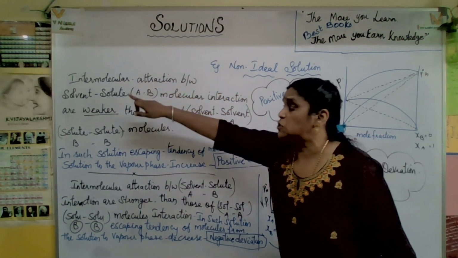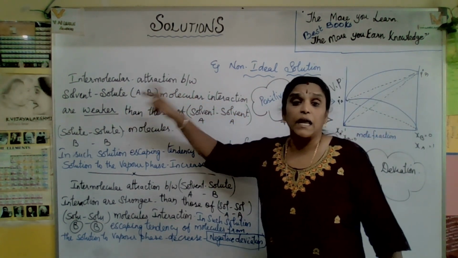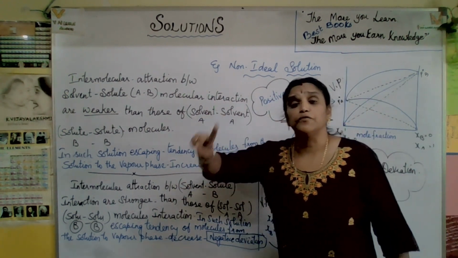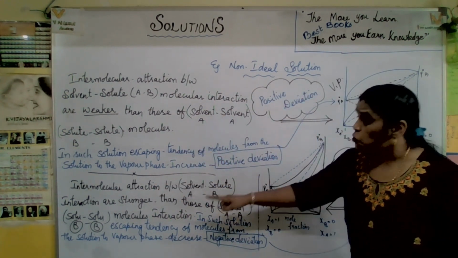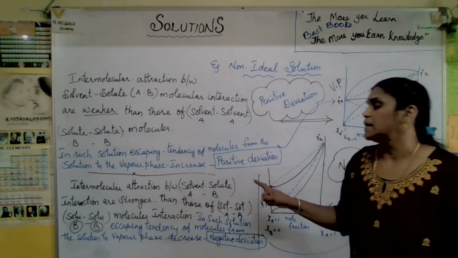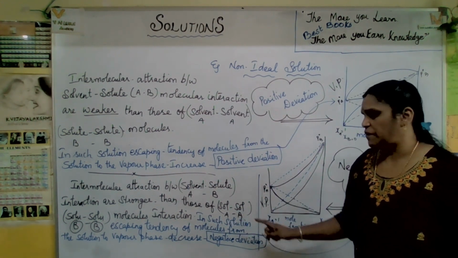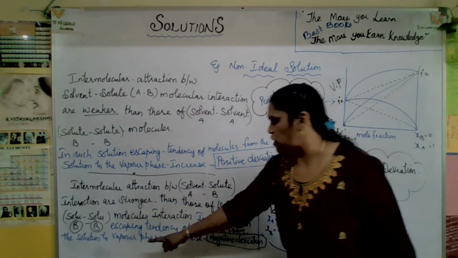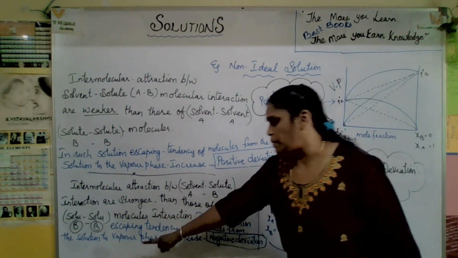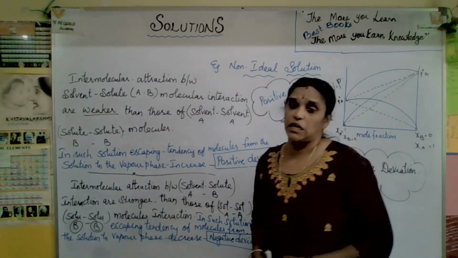Intermolecular attraction between solvent and solute is weaker in positive deviation. Intermolecular attractions are stronger in negative deviation. So in such a solution the escaping tendency of molecules from the solution to the vapor phase decreases, that is a negative deviation.